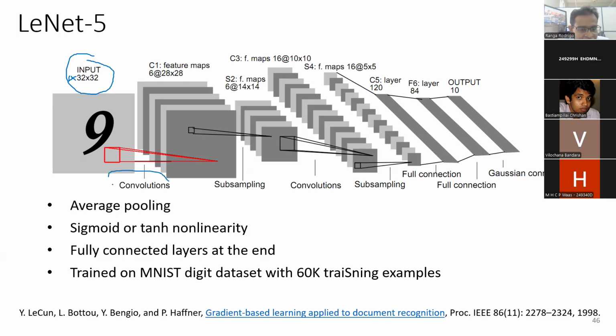Then there is this convolution operation, which gives rise to 6 feature maps in the output. What that means is that this one is using 6 convolution kernels. And also, as the size reduced from 32 by 32 to 28 by 28, we realize that this convolution kernel is of size 5 by 5.